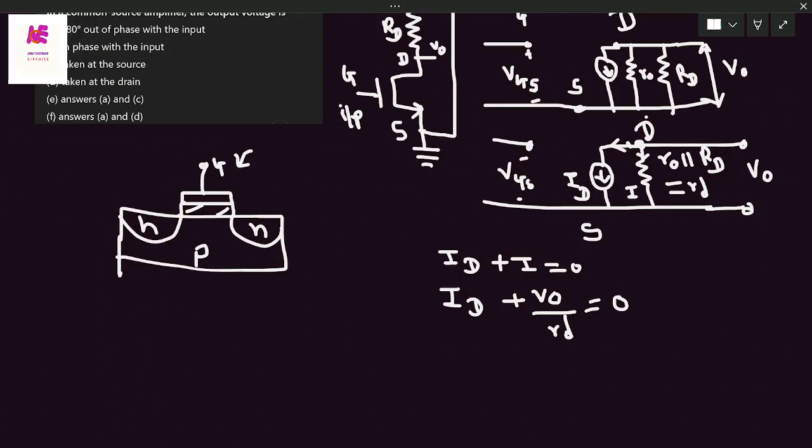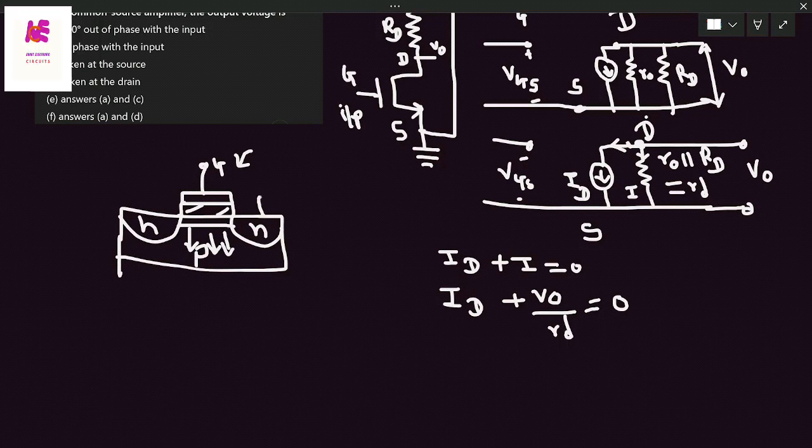If you apply a positive input voltage at the gate terminal, in the P substrate the holes are majority carriers. So what happens? The holes are repelled at the boundary of this oxide, leaving behind the immobile ions. So the inversion layer will be formed. The holes are pushed down, leaving behind immobile ions. The inversion layer is formed.